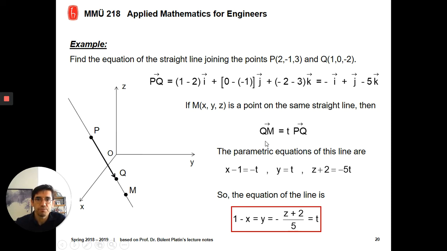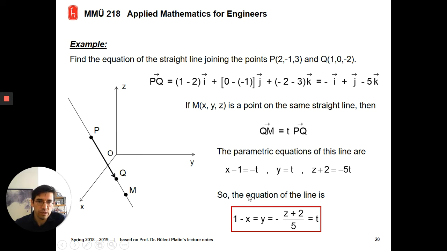X is my generic point here, which is represented by the M, minus 1 coming from the X component of Q, and Q doesn't have a Y component, and the generic point Z minus 2 will be equal to, let's say, on the Z component of my vector, minus 5t, and the Y component is exactly the Y component, and that will be minus t.